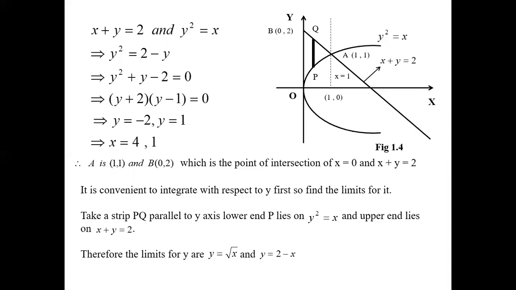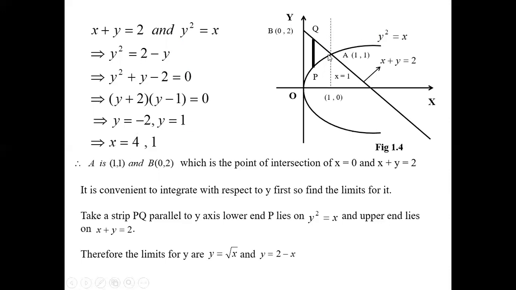So at this point A, what are equal? X plus y equal to 2 and y square is equal to x. So when y square is x is satisfied, x is equal to 2 minus y. Therefore, taking this on this side, y square plus y minus 2 equal to 0, implying we have the factors y plus 2, y minus 1 is equal to 0, implying y is equal to minus 2 and y is equal to 1.